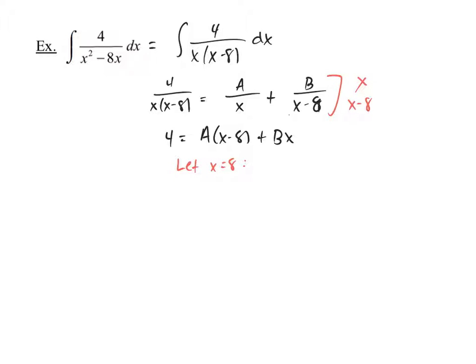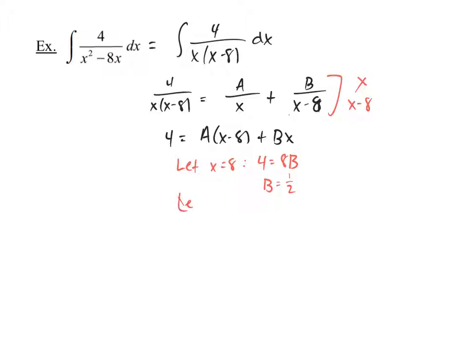That will get rid of the a term. And so that means that 4 is going to equal 8b, I should say. So let me erase that and put 8b. Sorry about that. Okay, so 8b. And so that means that b is going to equal 1/2.